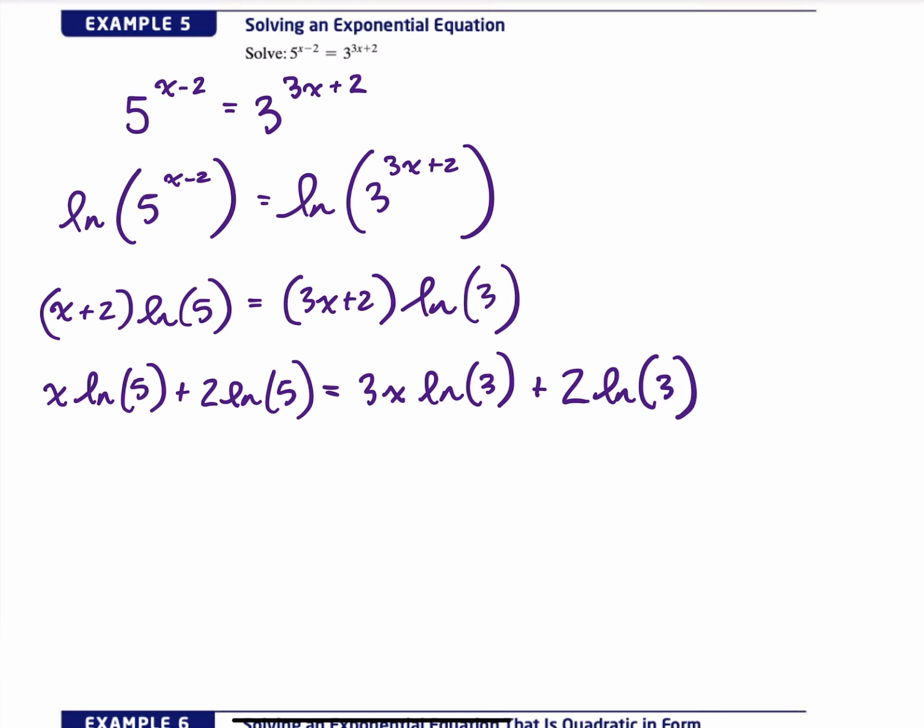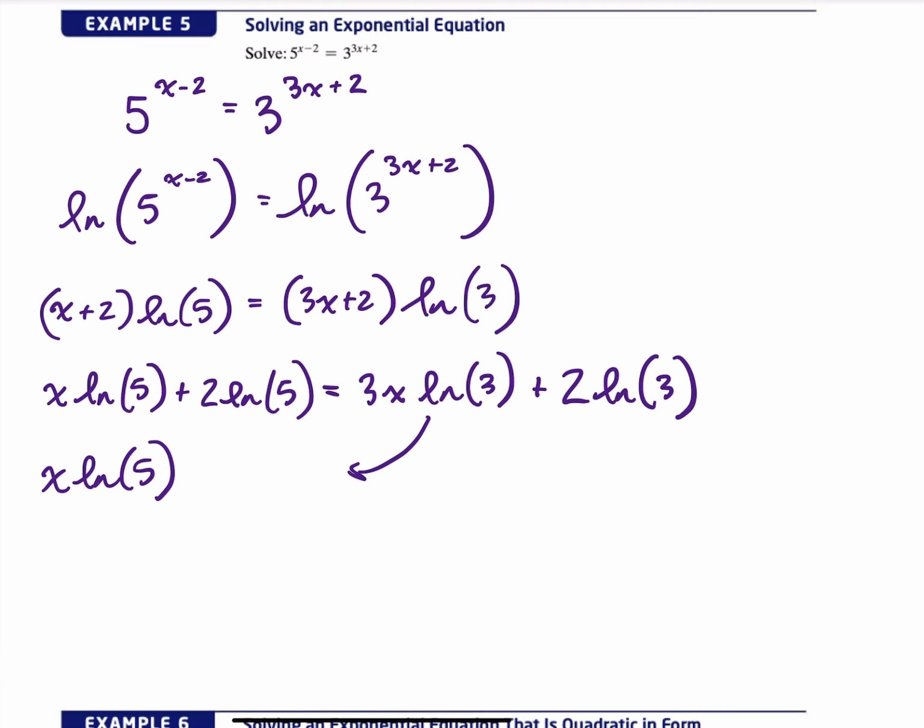So what would you do normally in solving an equation? We would try to collect all of your x's on one side and get everything else over to the other side. So I'm going to move all the terms that have an x to one side. I'm going to move this 3x term over here. And this term doesn't have an x, so I'm going to move it to the other side. So I'll still have this x times ln of 5 over here.